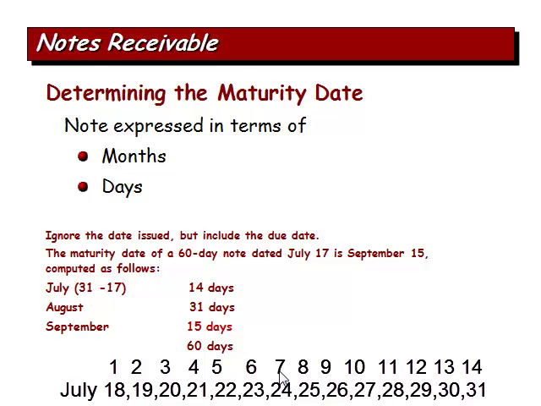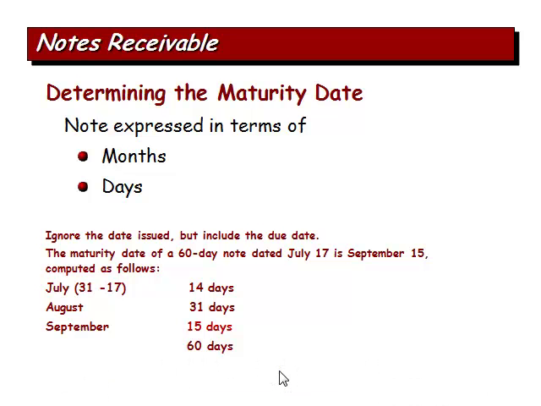We have 14 days in July. We ignore the 17th, but we count the rest of the days to come up with 14. August has 31 days, so that gives us 45. Then we need another 15 days to get to 60. So we wind up there with a total of 60 days.